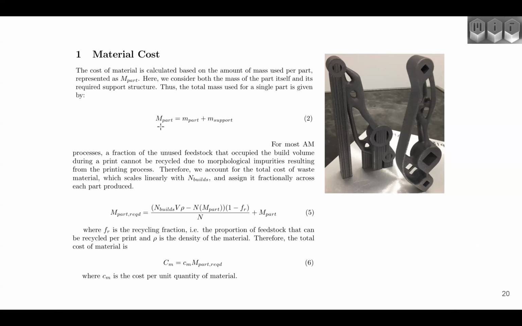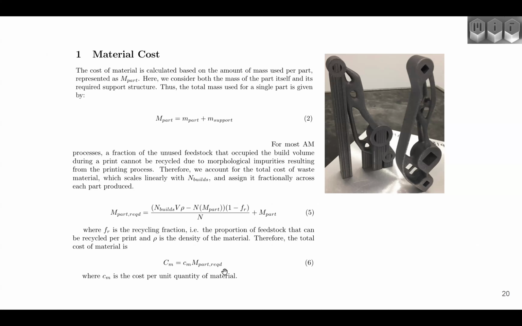But if I'm making 10 parts or I'm making 100 parts in that build, if I'm using the same volume, I'm losing that 5% either way. So that cost we treat as not per se a fixed cost, but one that needs to be amortized over the number of parts in the build, which is why you see this more complicated formula on the bottom.